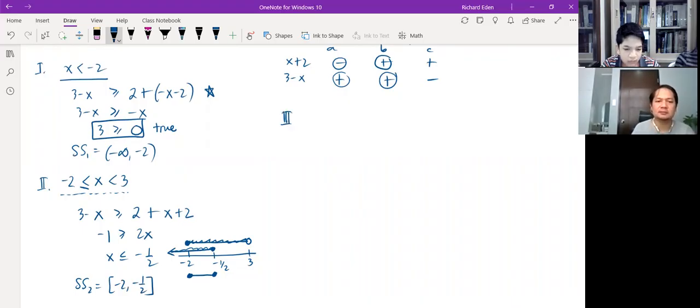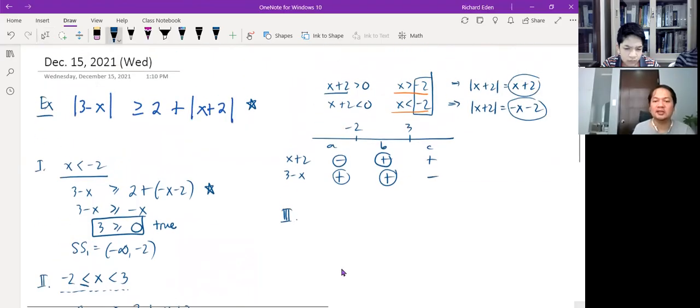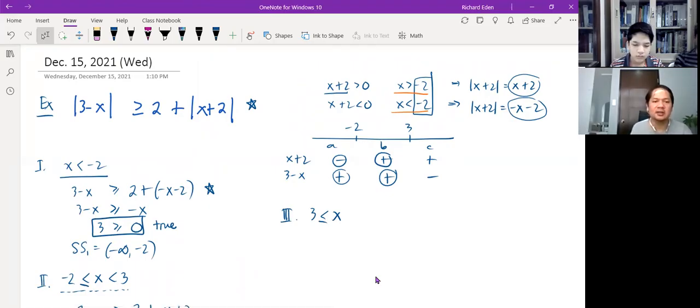Lastly, suppose x is greater than 3, but in case 2, I didn't include x equal to 3, so let me include it here. Now, the first term on the left, the absolute value of 3 minus x.